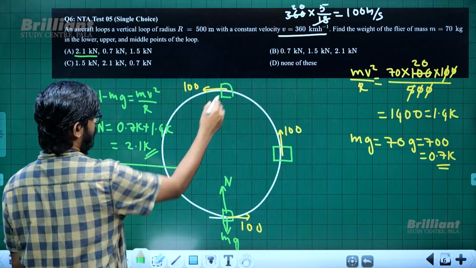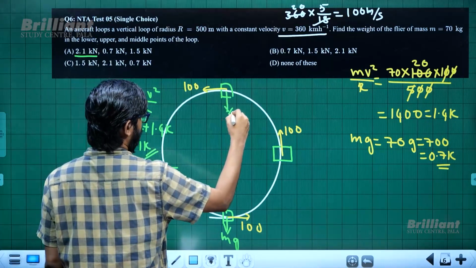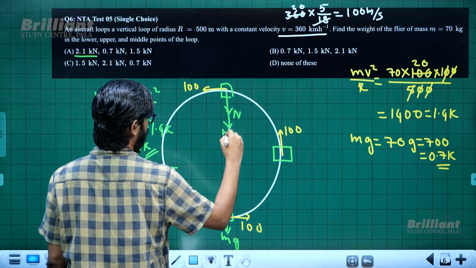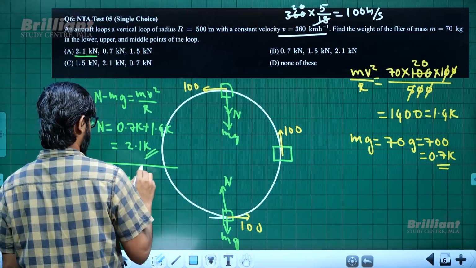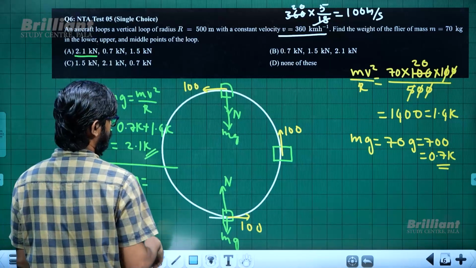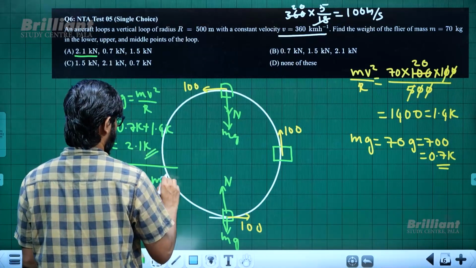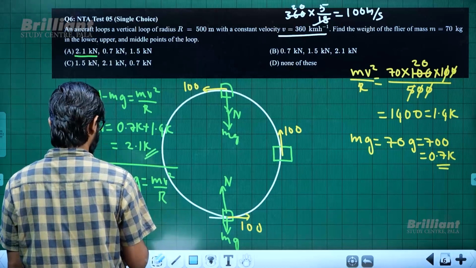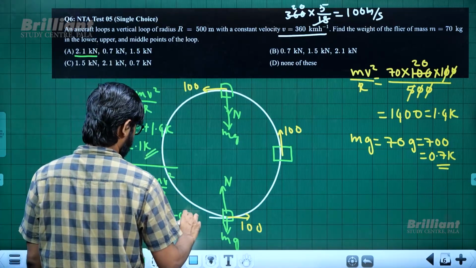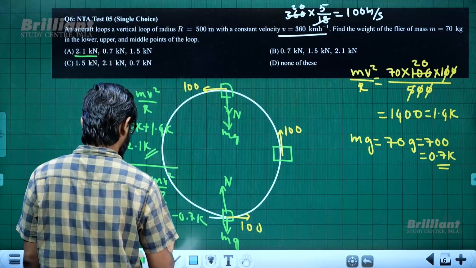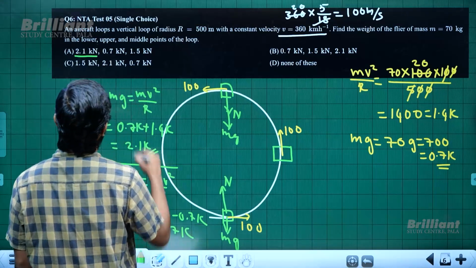Now what about at the topmost point? At the topmost point normal will be downwards, mg also will be downwards. So normal plus mg equals mv square by r. So normal equals mv square by r minus mg, which is 1.4 kilo minus 0.7 kilo, which is 0.7 kilo.